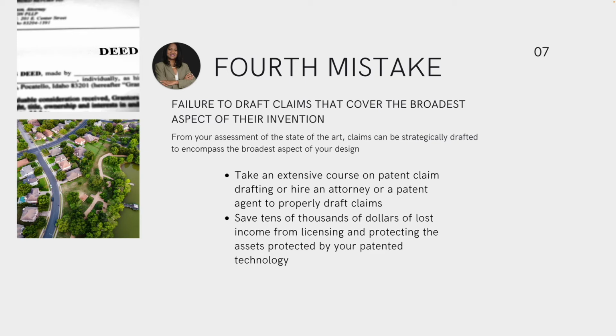And the reason why I'm saying broadest aspect, like say if you drafted claims that only covered the front yard, it doesn't cover the property all the way to the backyard. So like when they draft up the terms for the outer periphery of this property, they include all of it.